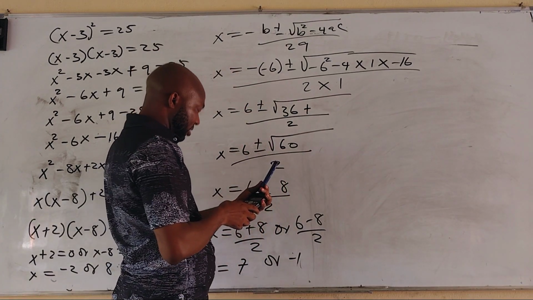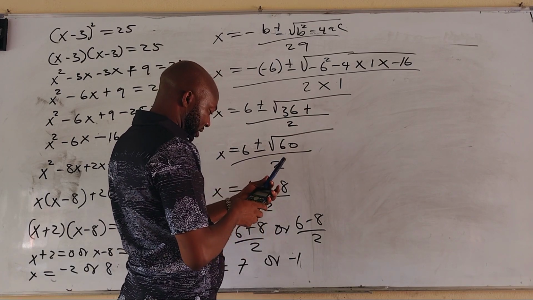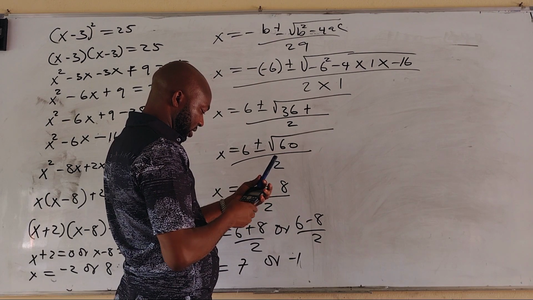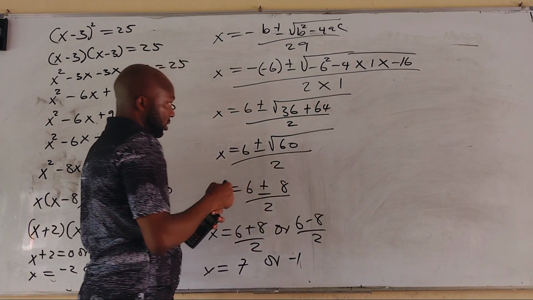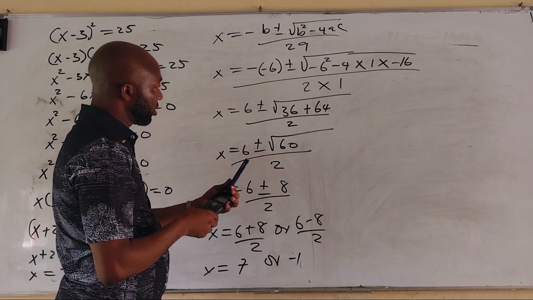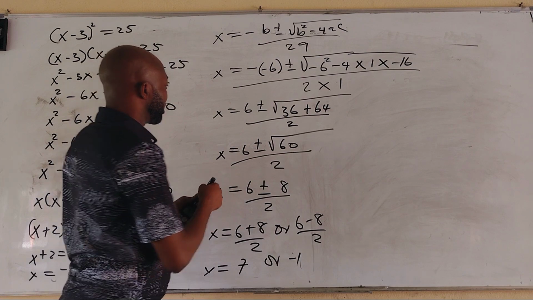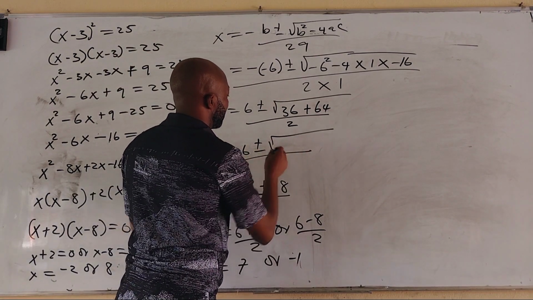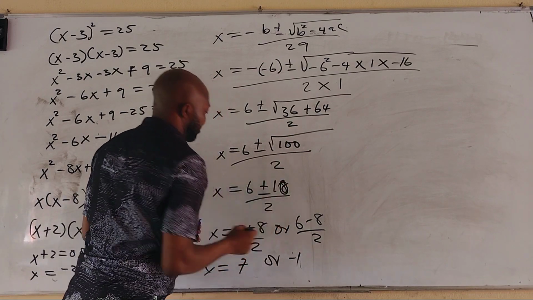Okay, let's take that minus, it gives us plus 4 times 16 times 1, 64. Wow. 64 plus 36 is 100. Crazy, man. 100. The root of 100 is 10.